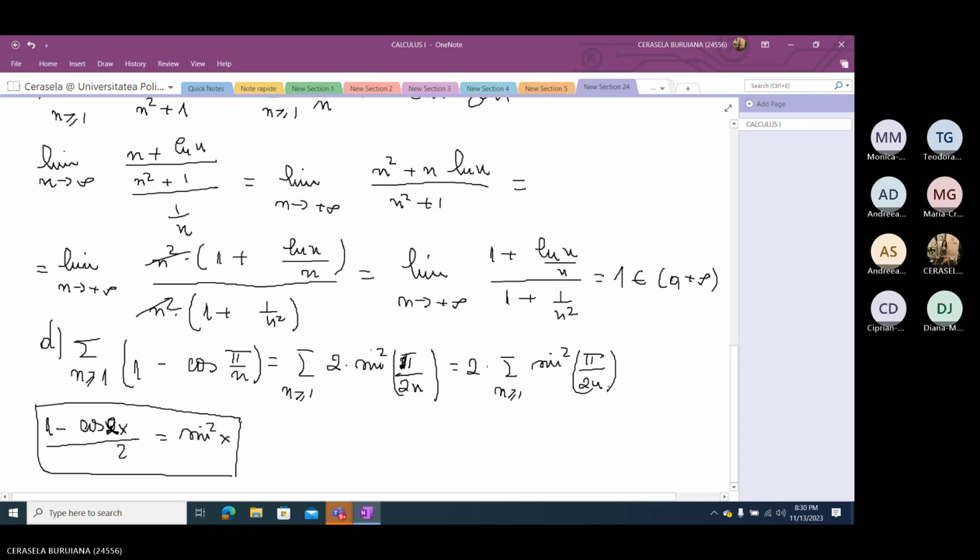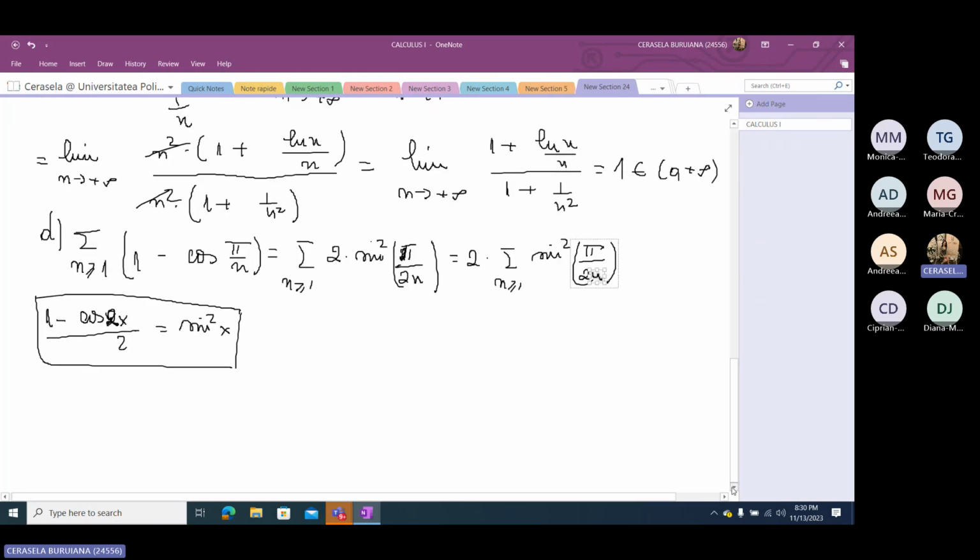Okay. Good. Let's see what we can do here. What ideas do we have? It's easy, just concentrate a little. We can use one of the convergence tests we already discussed today. What can I do now for sine squared of pi over 2n? What to use?